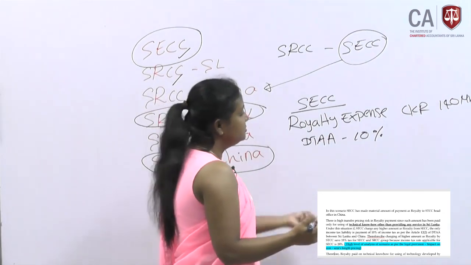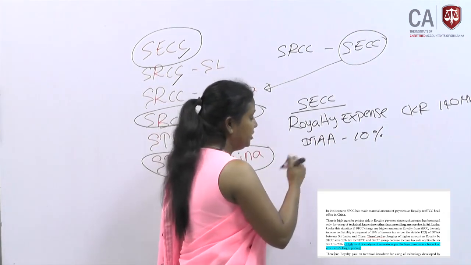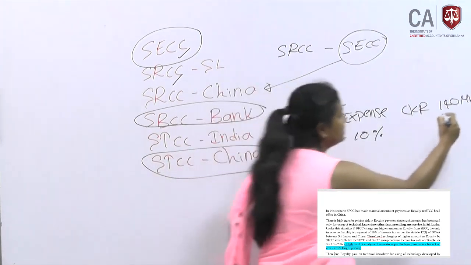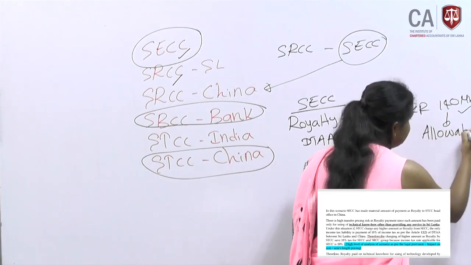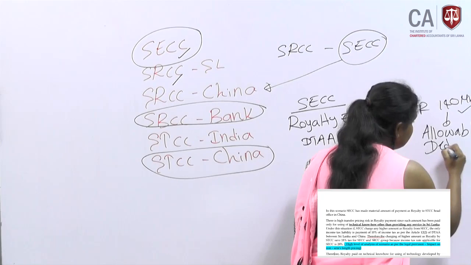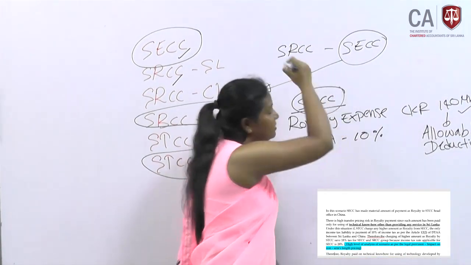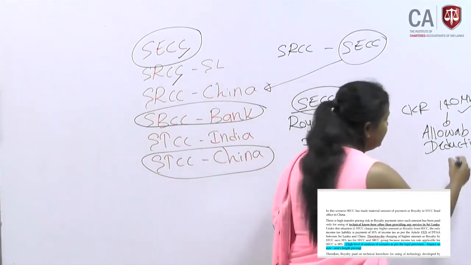Now, due to paying of this, the withholding tax or income tax as per the treaty, this total expense is allowable deduction. This is allowable deduction in the SECC business income calculation.